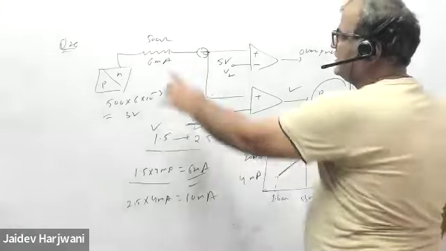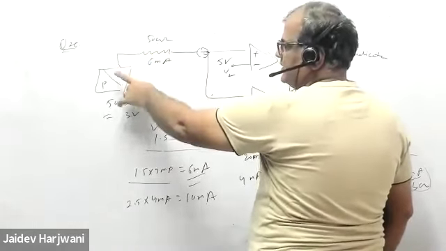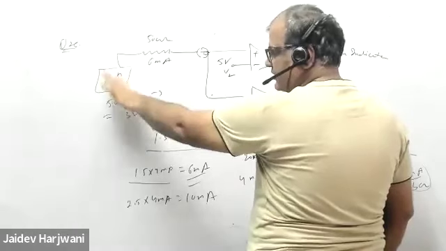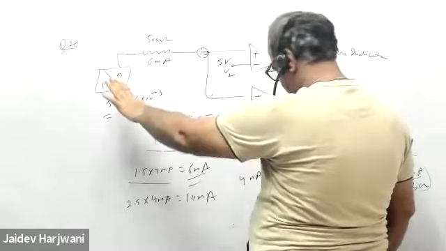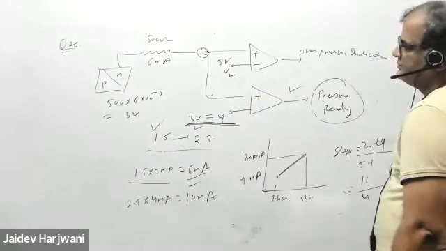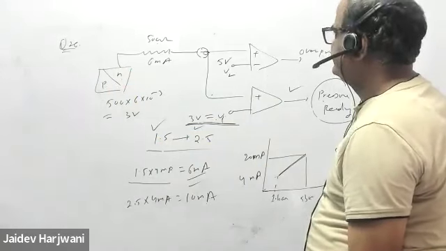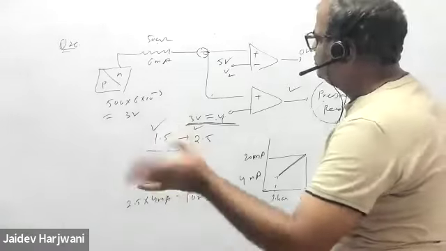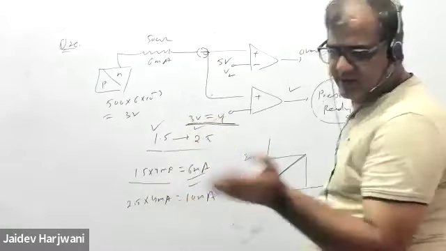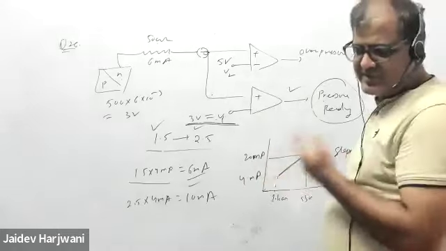So here resistance is there, and this device is giving current depending on the pressure. Now you should not bother about the direction of current, because that much information is not given here.